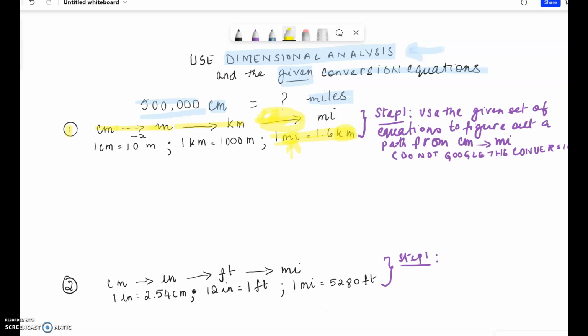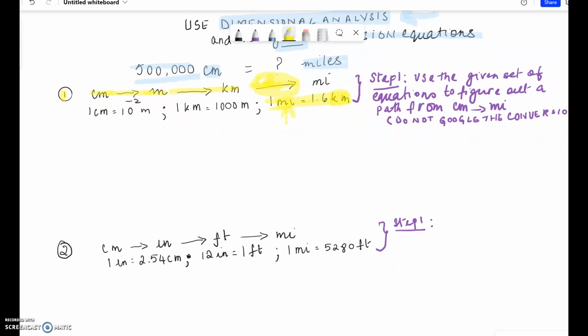Now similarly, there's another way in which you could change the units from centimeters to miles. You could go from centimeters to inches. So this is our bridge equation, which takes us from the metric unit of centimeters to the British unit of inches. And then once we are in the British system, we can go from inches to feet and then feet to miles.